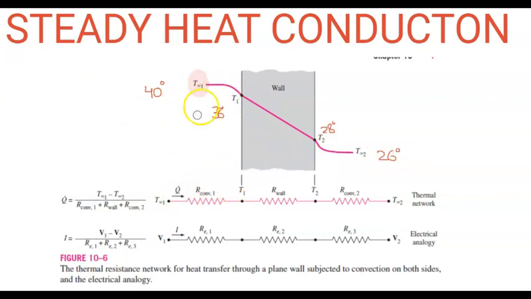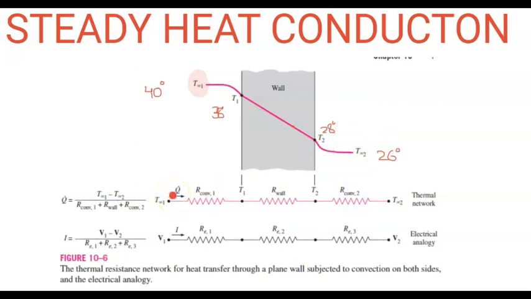Now if I want to use the same analogy here, in this part convection is happening, then in this wall conduction is happening, then on this side convection is happening again.